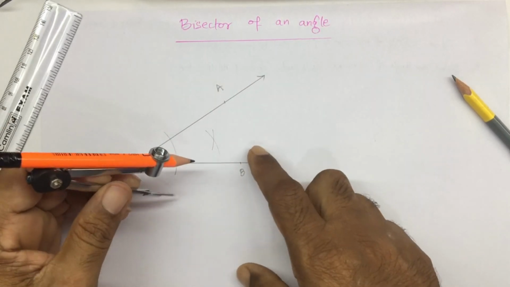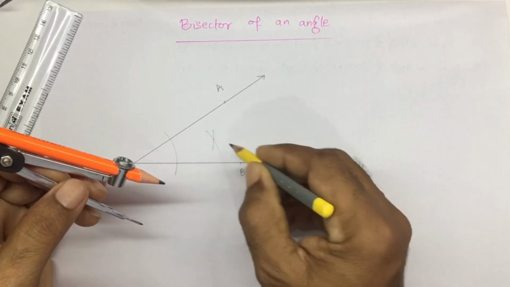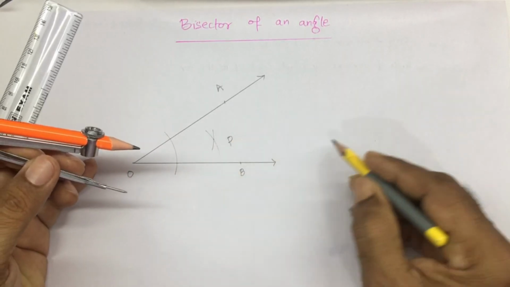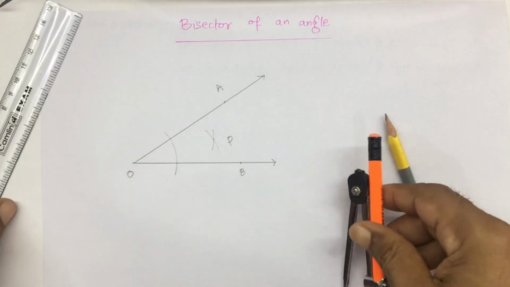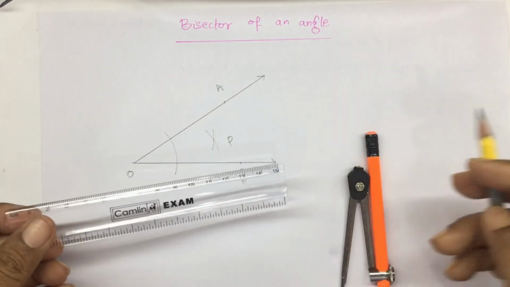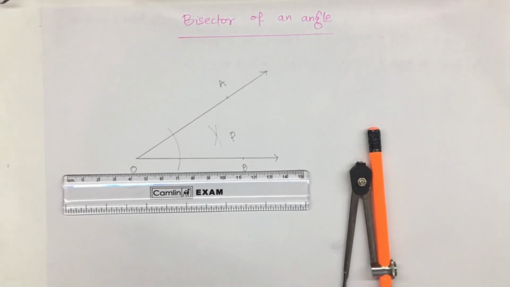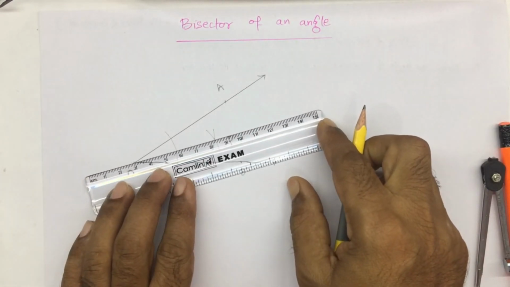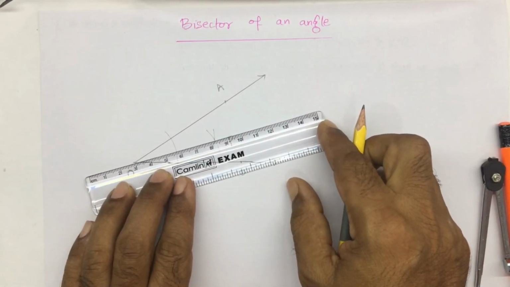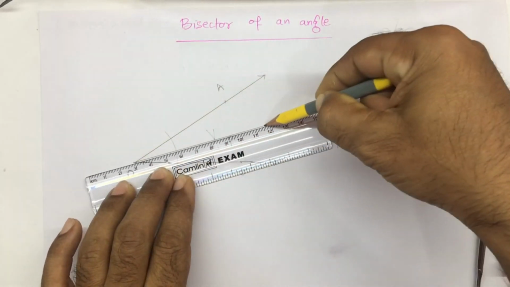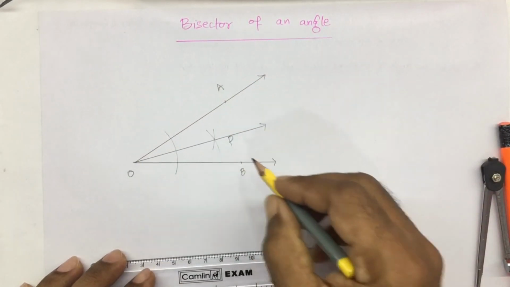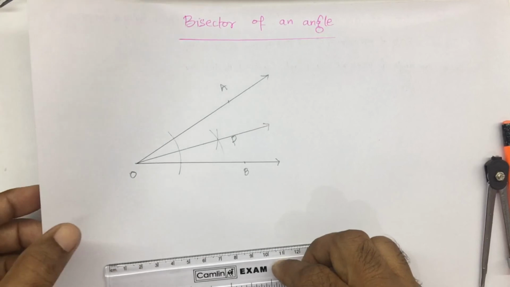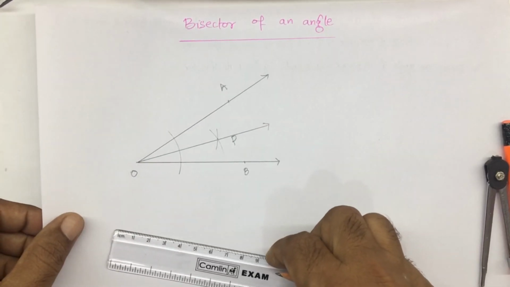So now we got a point of intersection here, say this is P, and you just draw a straight line using these 2 points, and it will be the bisector of the angle, and the bisector of an angle is nothing but the line of symmetry.